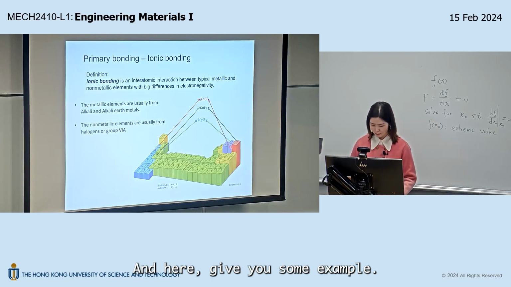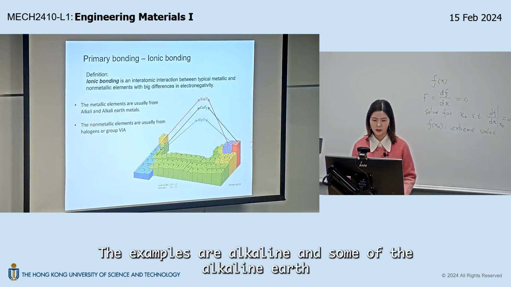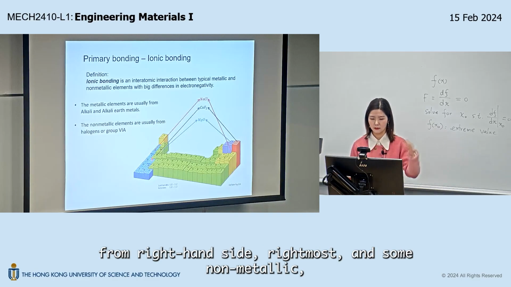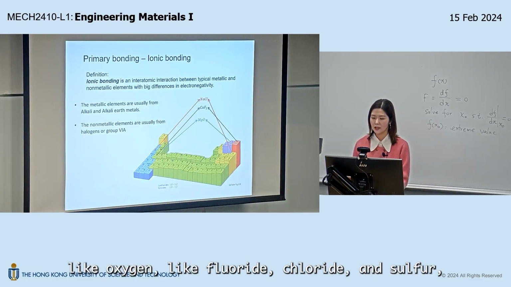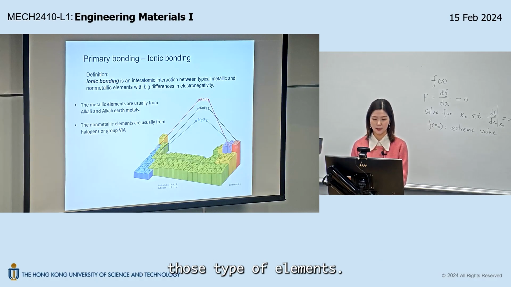And here, give you some example. The examples are alkaline and some of the alkaline earths from the left-hand side, and some non-metallic, like oxygen, fluoride, chloride, and sulfur, those type of elements.